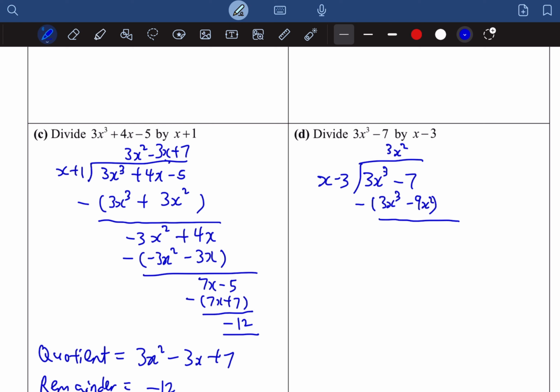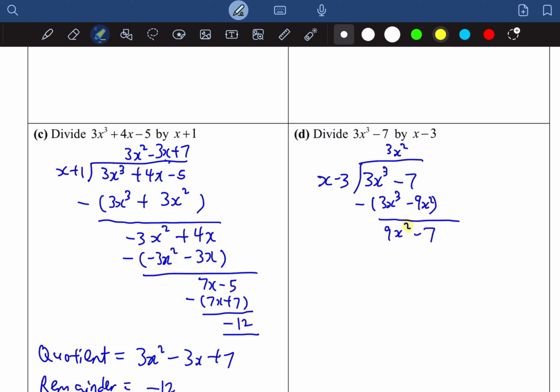Okay, so 0 minus negative 9x squared, I have positive 9x squared. Then bring down the negative 7. So same thing, I cannot stop here because the degree of this is 2, whereas my divisor degree is only 1.